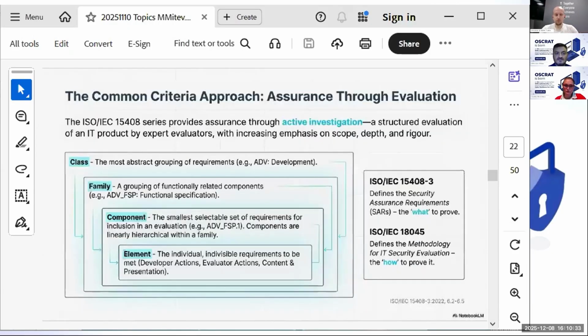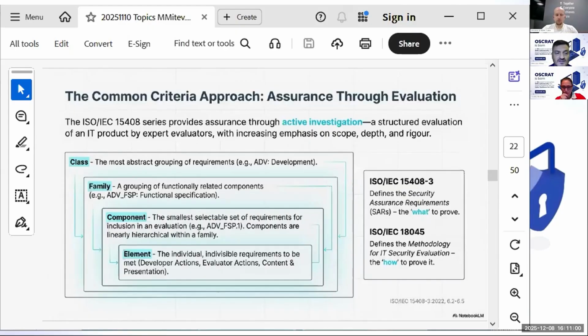This slide shows how the Common Criteria evaluation works. It is based on active investigation by trained evaluators. The system divides requirements into four levels of structure: classes, families, components, and elements.